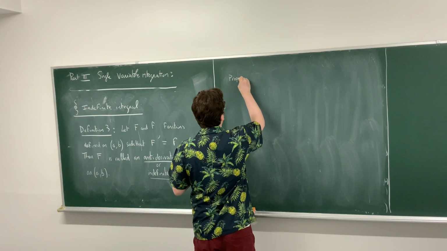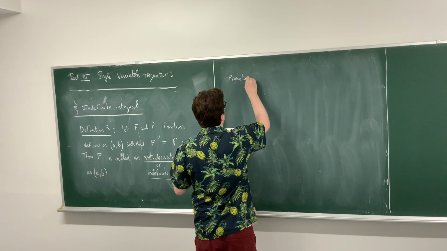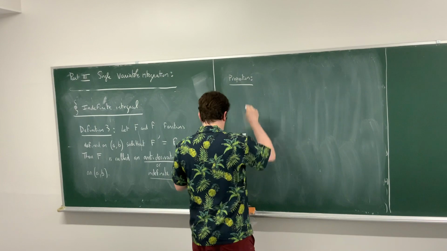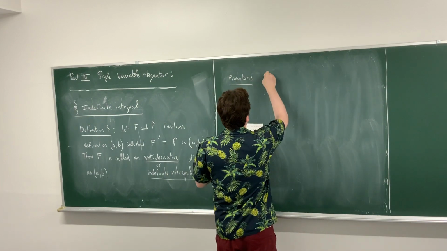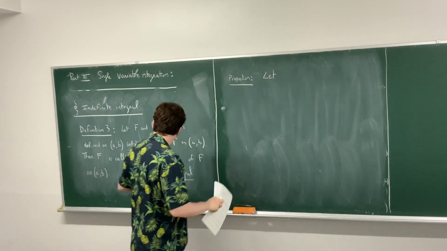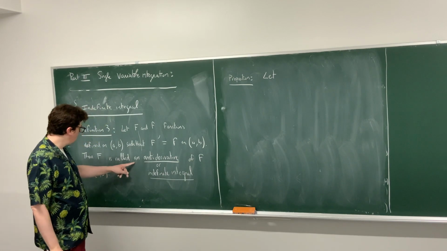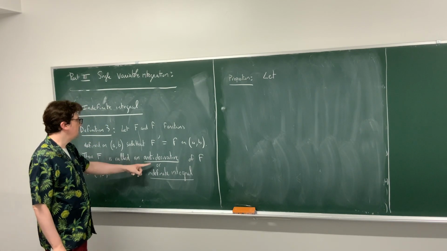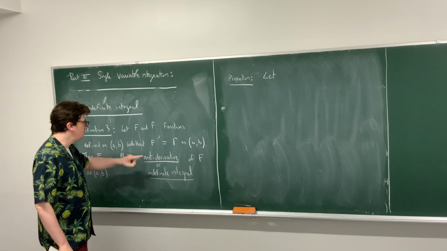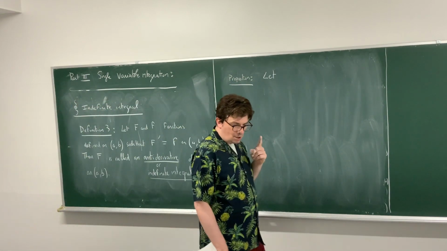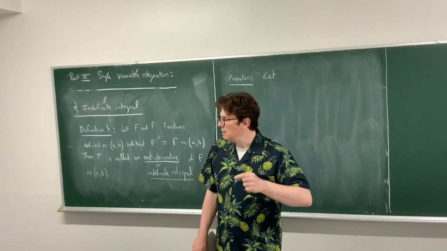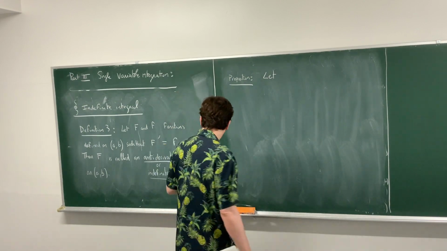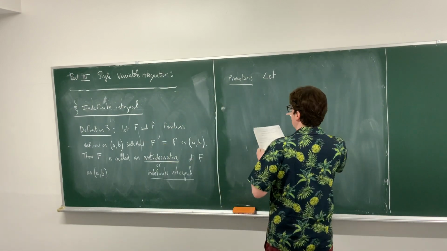Proposition. A remark on a word here: I didn't say the antiderivative, but I called it an antiderivative, which inclines us to think that there might be several antiderivatives. Okay, so let's check this.